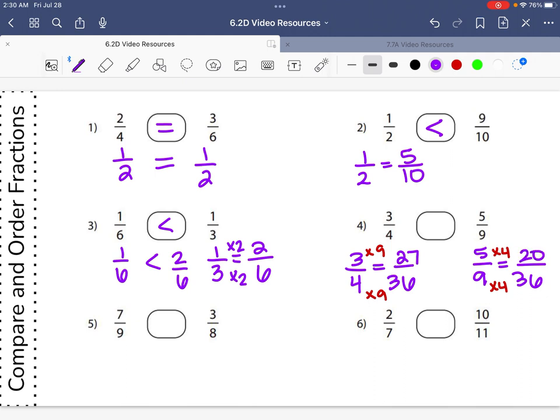And 5 times 4 is 20. So now I'm comparing 27 out of 36 to 20 out of 36. And I know that 27 out of 36 is more, that's greater, which tells me that 3/4 must be greater than 5/9.